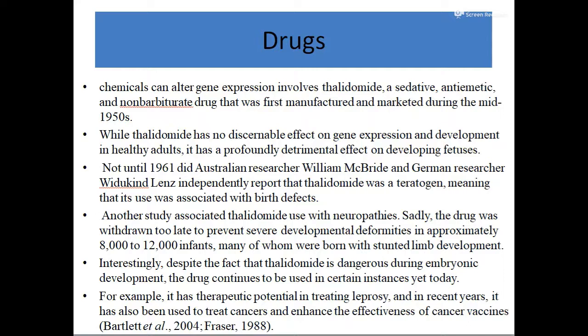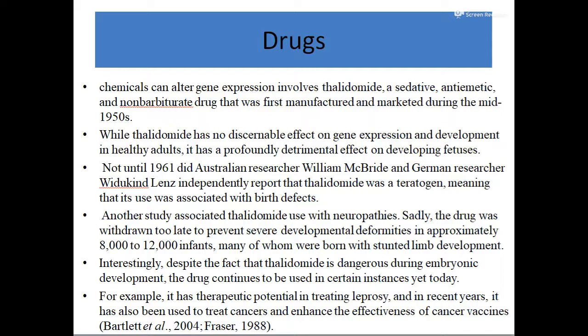But later it was found to have a detrimental effect on developing fetuses. Not until 1961 did Australian researcher William McBride and German researcher Lenz independently report that thalidomide was a teratogen, associated with birth defects.